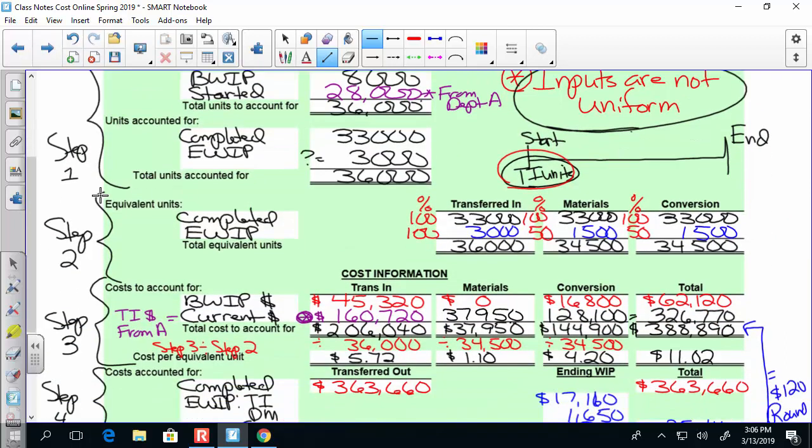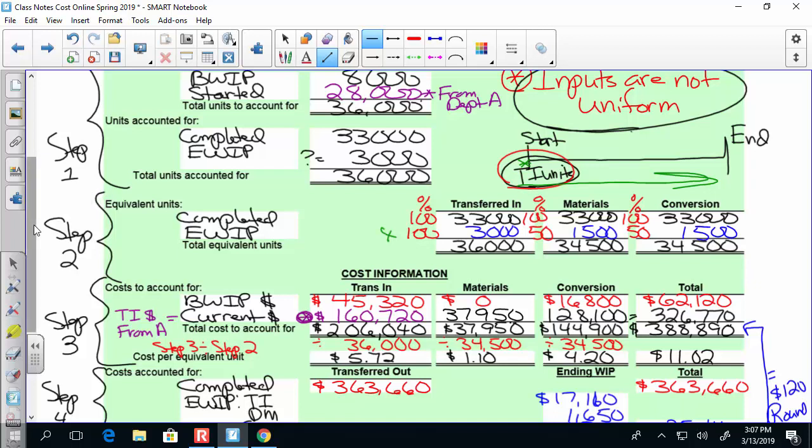And the reason it's not uniform is that transferred in occurs right at the beginning of the production cycle. So I have a production cycle here. We're going from left to right. Our transferred in units hit right here at the start of the cycle. I can't start my production in the next department without those units, right? So therefore, they're 100% done for ending units when we look at the equivalent unit section.